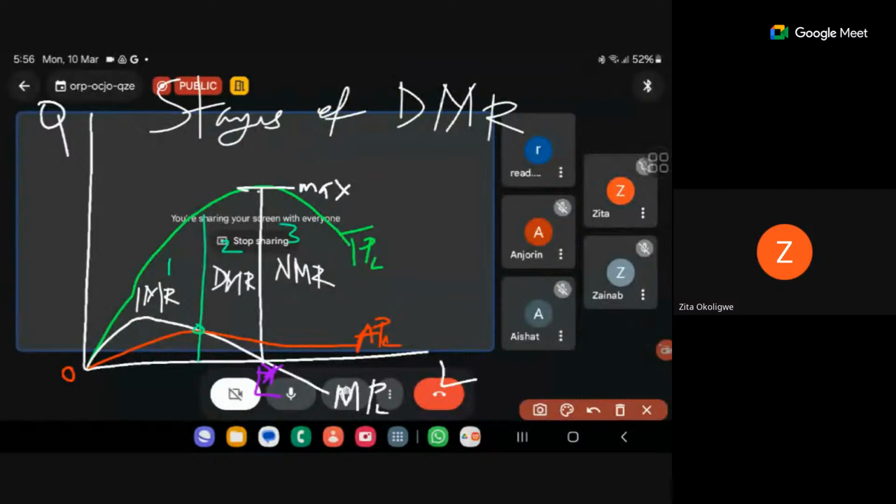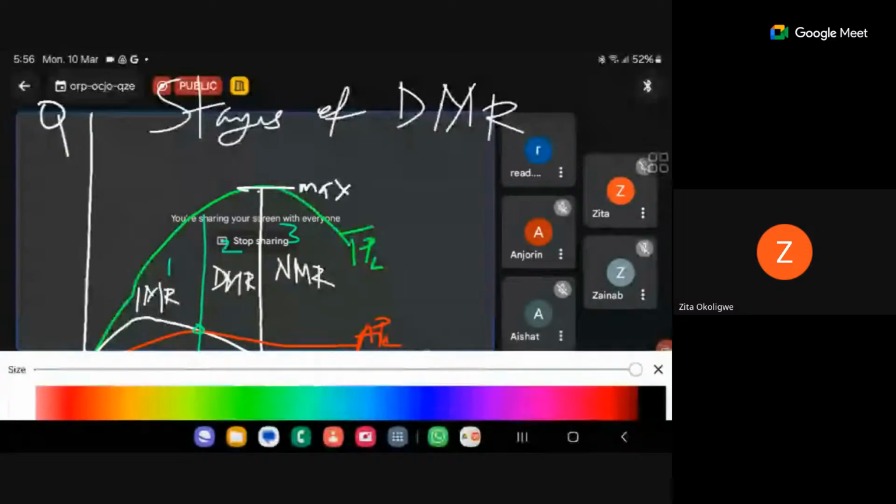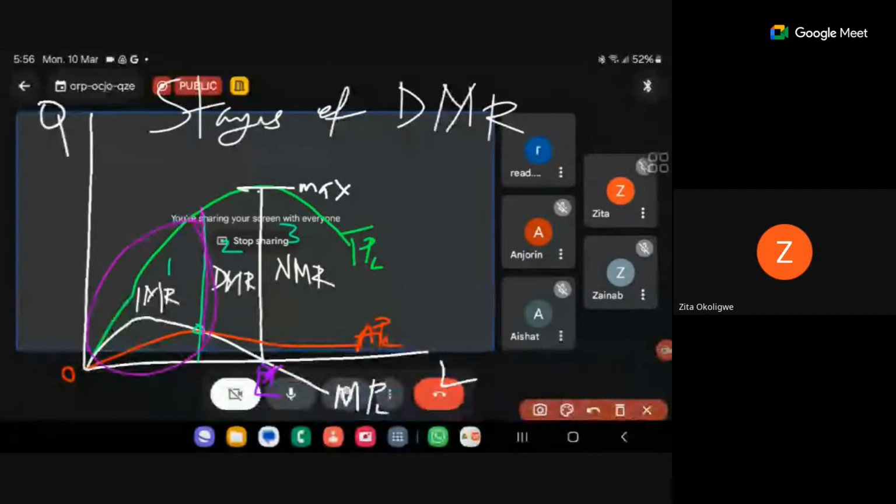So let's take the first stage. The first stage is called IMR. What can you notice when you look at the first stage? Focus your attention on this part here. From this stage, TP rises at an increasing rate when MP is rising. That's the first relationship in stage one. TP, that's total product of labor.